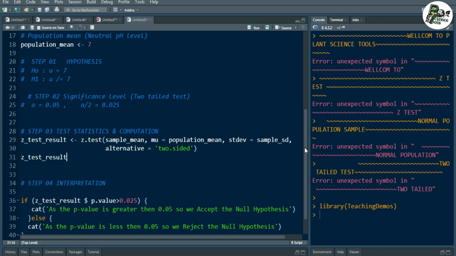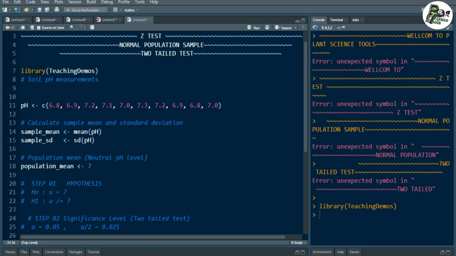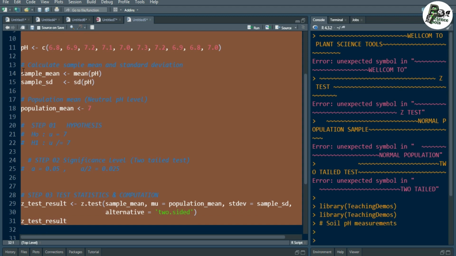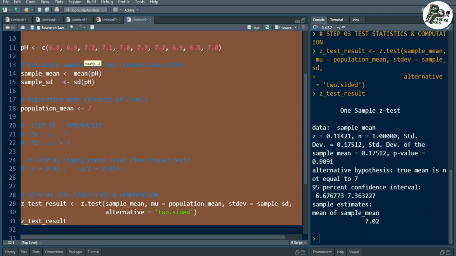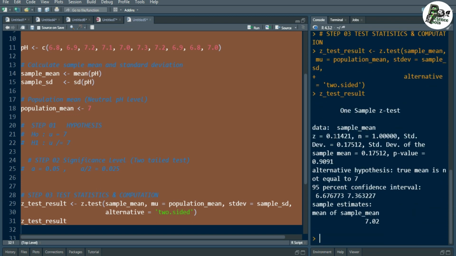After running this code, you can see the output. Here our output is the one-sample z-test, and this one is the value of z, which is 0.11421.